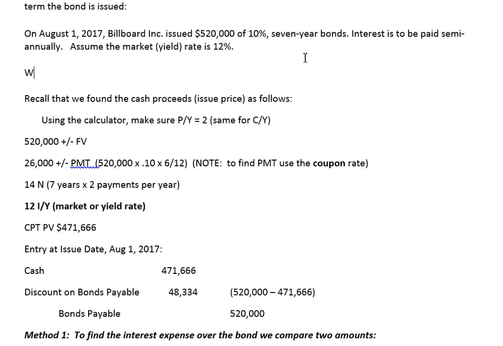We know this is a discount bond because coupon rate is less than the market rate.